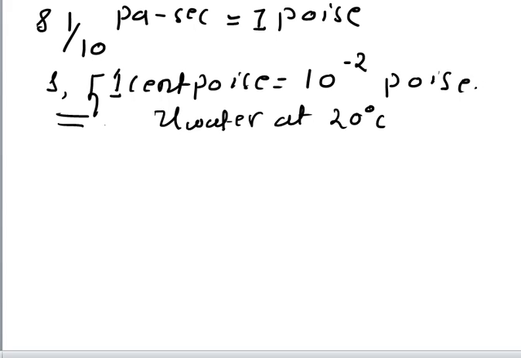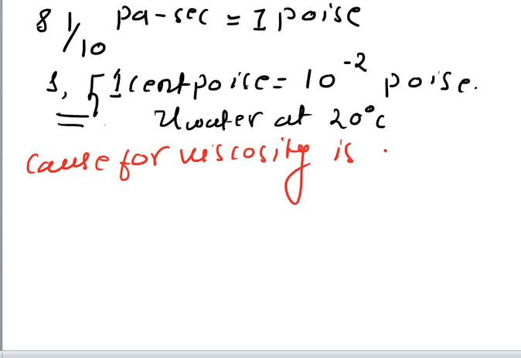The basic cause for viscosity is cohesion. So as temperature decreases, viscosity increases because cohesion increases.